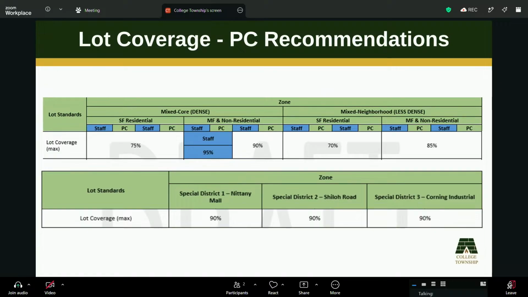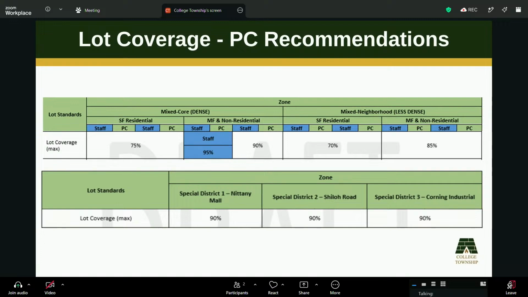Staff had recommended 95, and that was based off of DPZ's recommendation, and PC has recommended 90% there. So mixed core, single family, we're recommending 75%, and the mixed family, non-residential, 90%.